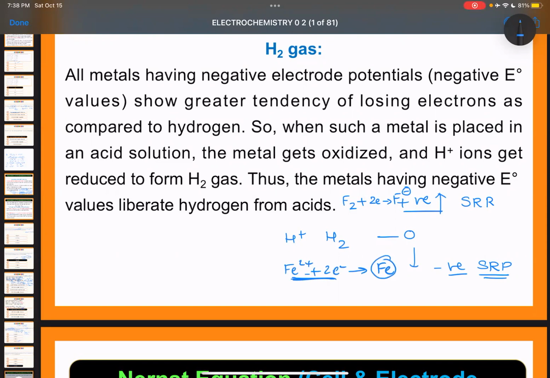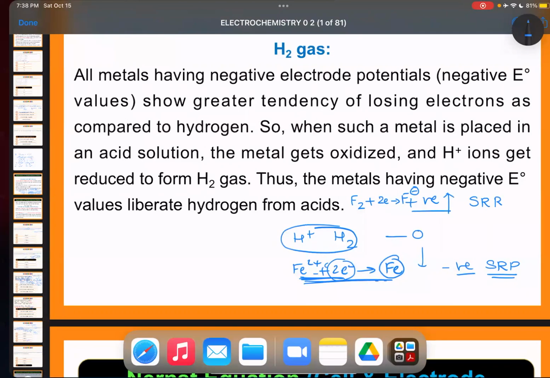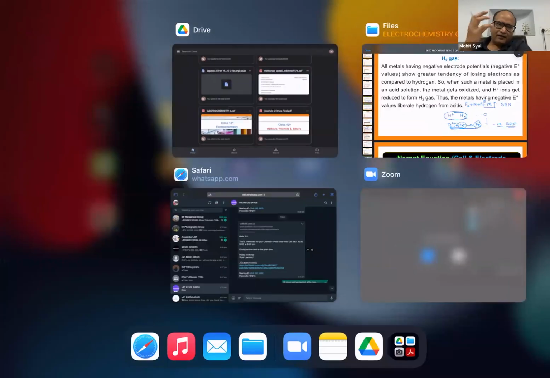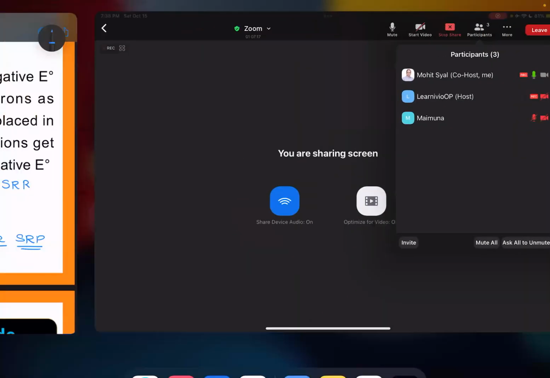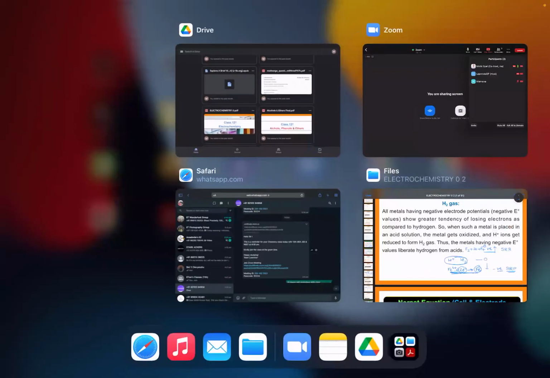It means they can lose electrons, so they can reduce hydrogen. The species or electrodes in the lower region are good reducing agents and can give their electrons more easily. Clear? So this you need to consider.